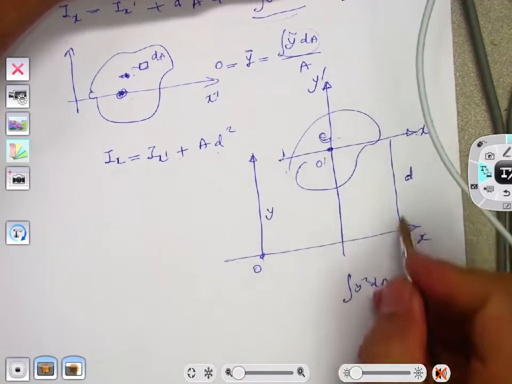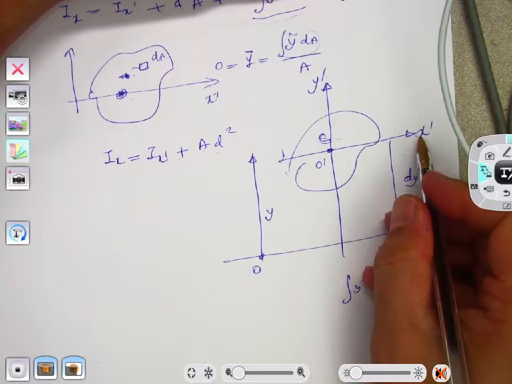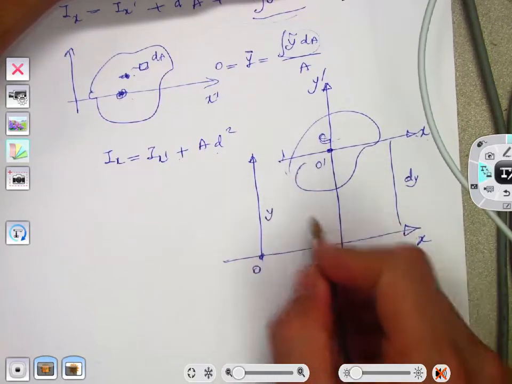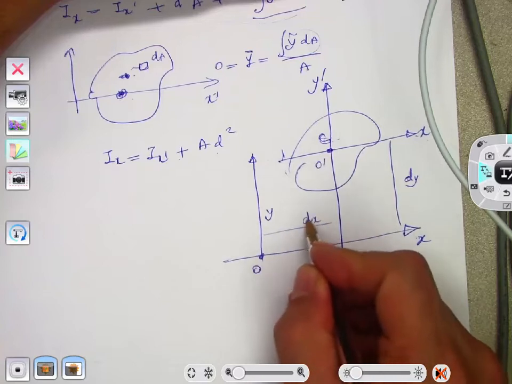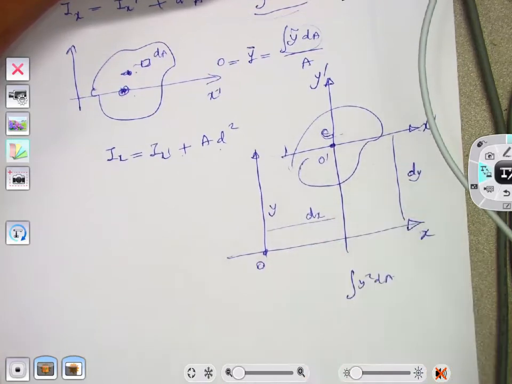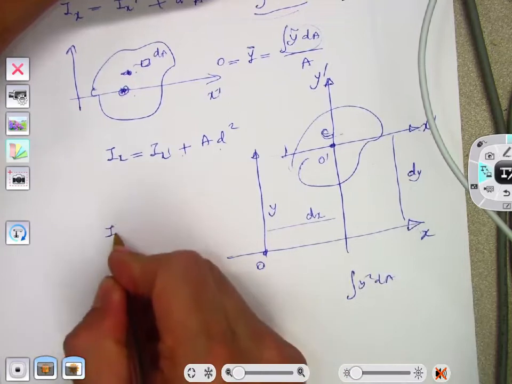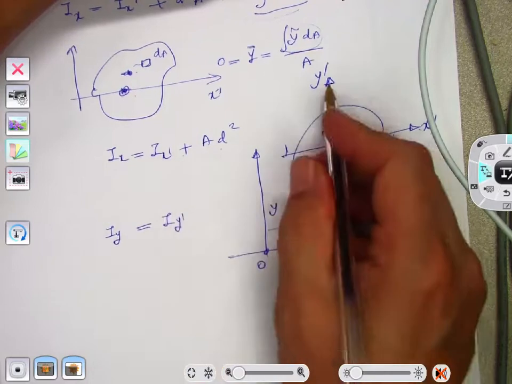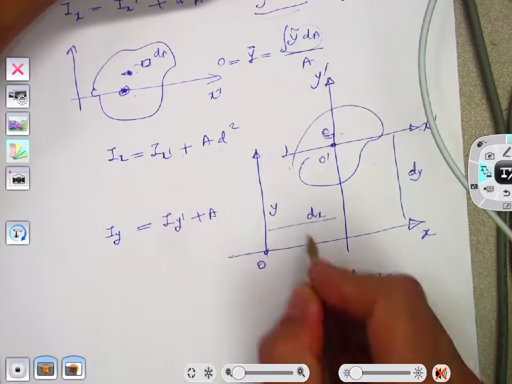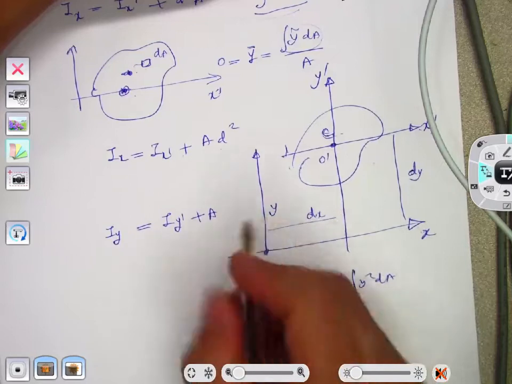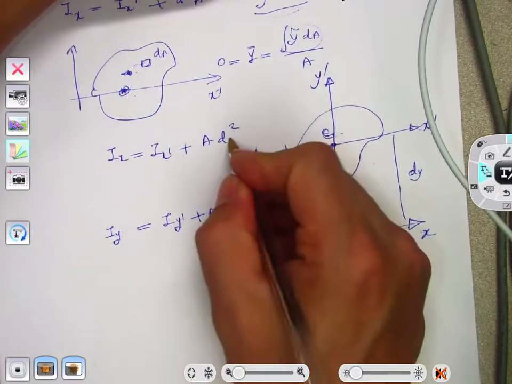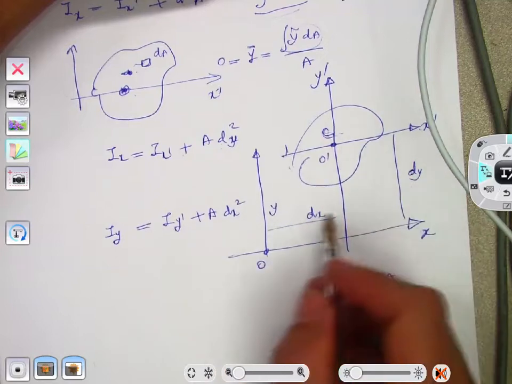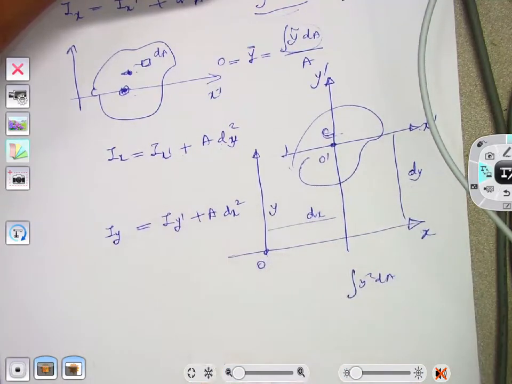Let's call the distance between the x axis and x prime dy, and between the y axis and y prime axis, I call that dx. So if you are interested, I can write the same thing for Iy. If I want to find Iy, I can say Iy is basically Iy prime plus, this time, area times this distance, which is dx. So this one is dy, this one is dx, right? So this is what I can say.